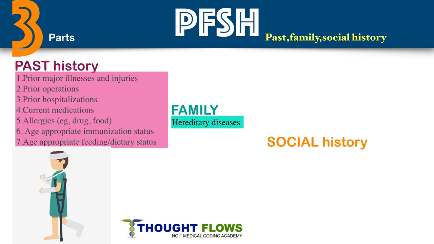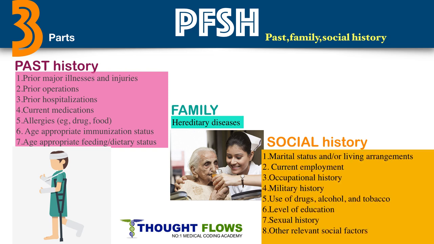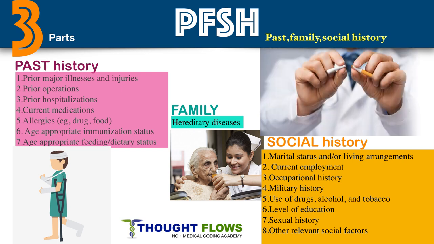And coming to family history, a review of medical events in the patient's family, which may include information about the health status or cause of death of parents, siblings and their children. Diseases of family members which may be hereditary or place the patient at risk. And next, social history, an age appropriate review of the patient's past and current activities, which may include significant information about marital status, current employment, occupational history and use of drugs like alcohol or tobacco, level of education, sexual history and other relevant social factors.